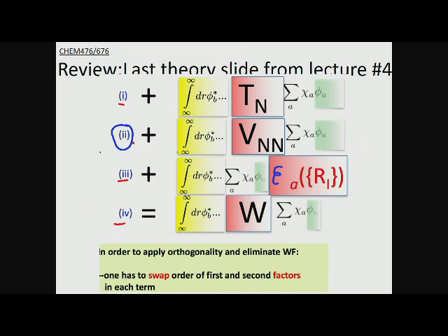We want to get rid of phi. And in order to get rid of it, we want to apply the orthogonality relation. So we want to take phi with a different index, phi with our present index, integrate and get either 0 or 1 and remove them, so that finally we will get an equation only for this chi sub a.